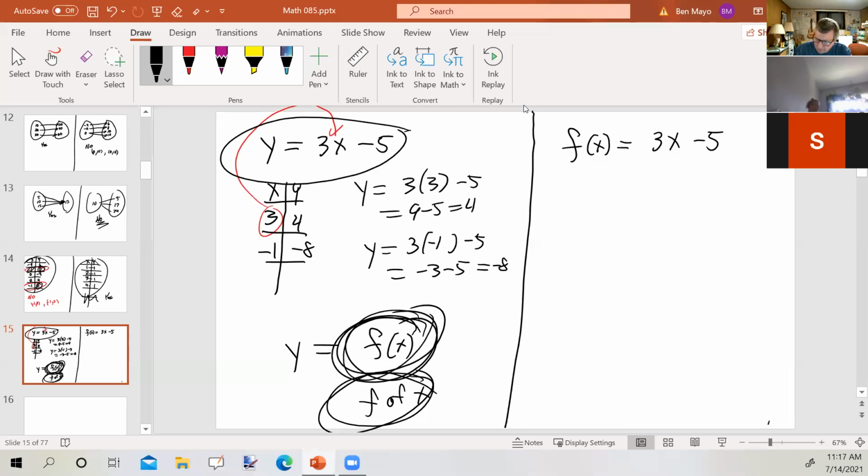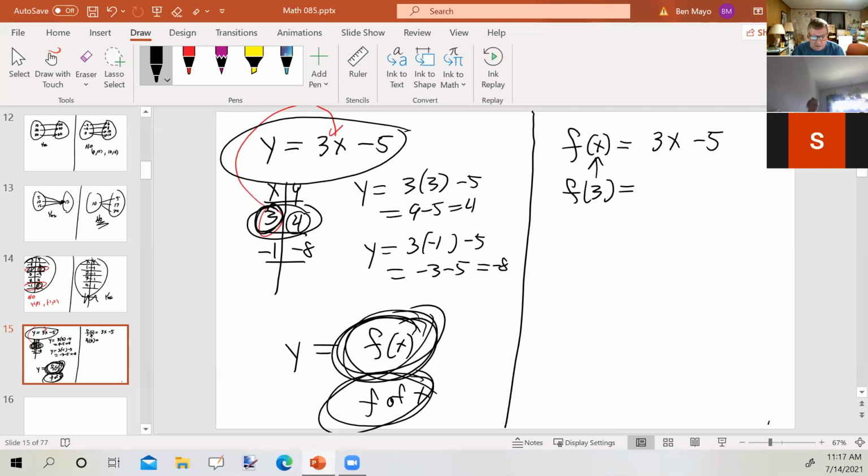Now, how do I go about finding information using function notation? Over here, we wanted to find out what y was when x was 3. In function notation, we would say f of 3 equals. So I'm putting the x value in place of the x inside of the parentheses.